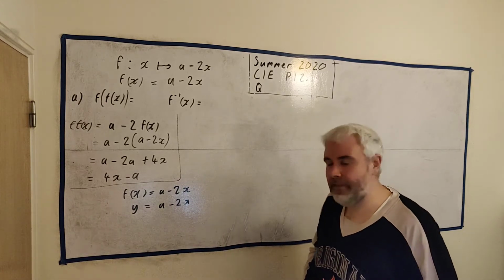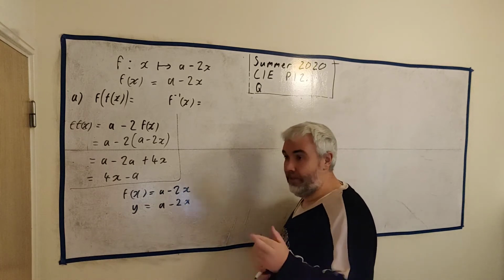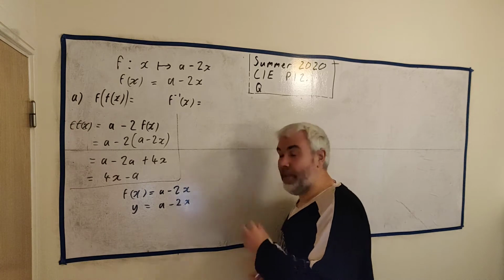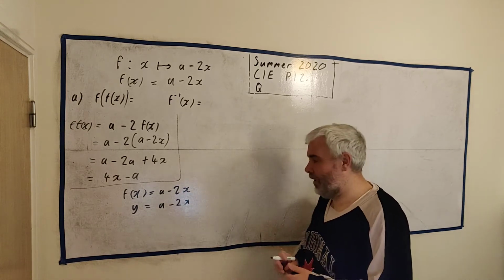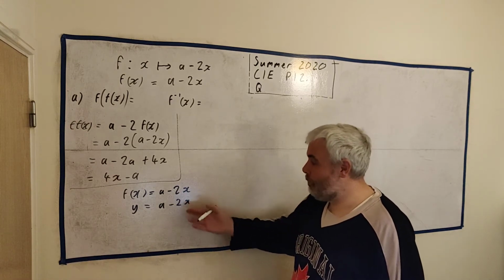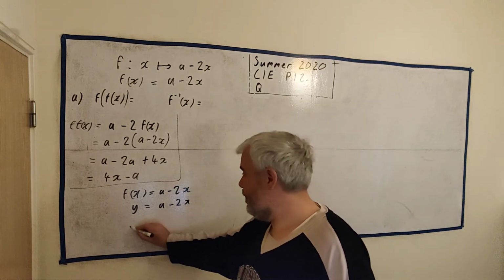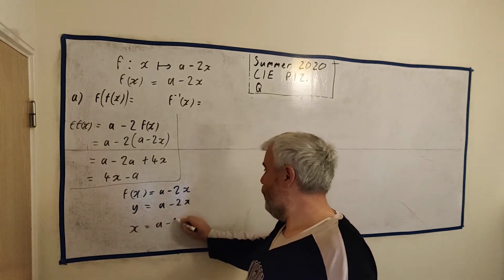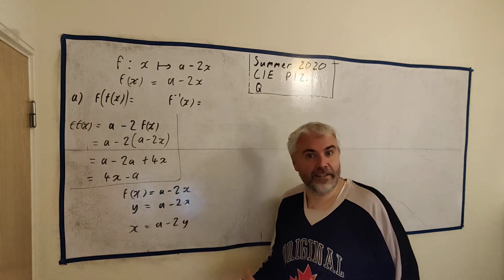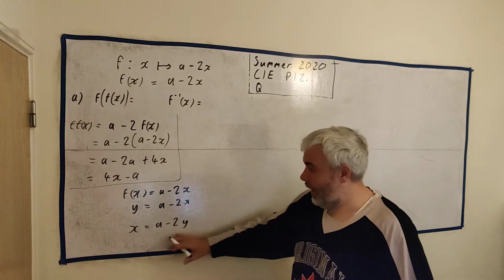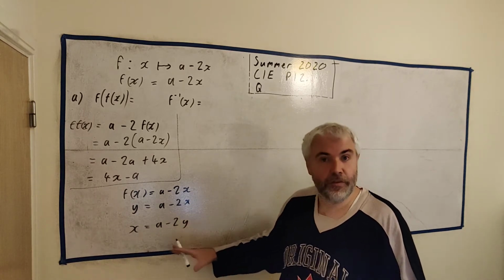The inverse is a function where we put 9 in, we get 2 out. This works every time. So in this case we put x in and we get y out. The inverse is if we put y in and get x out. So we're just going to switch these two letters around, and this would be the inverse function now.